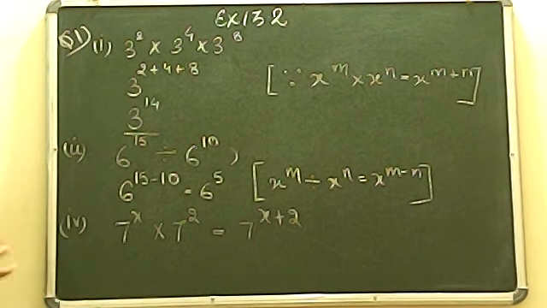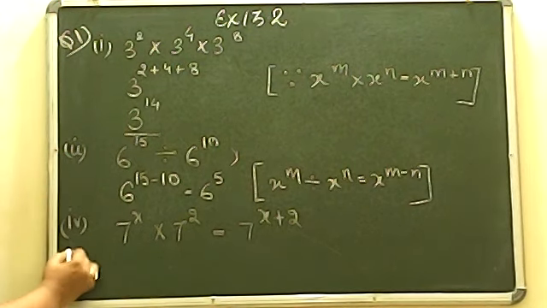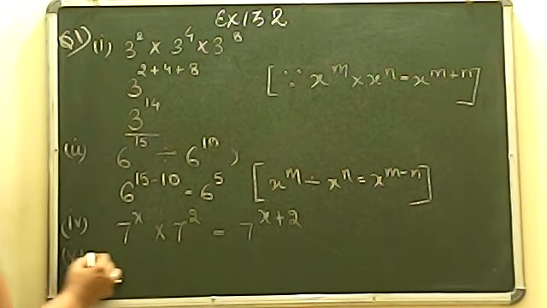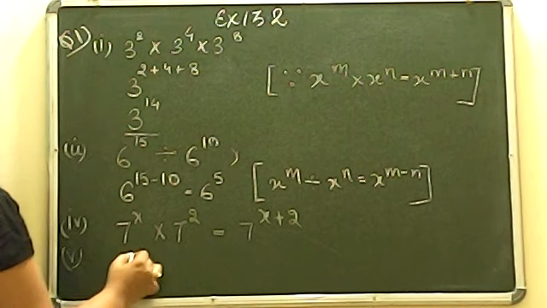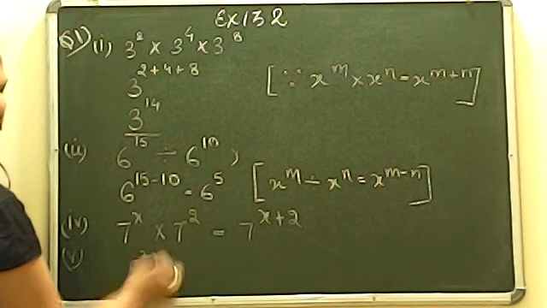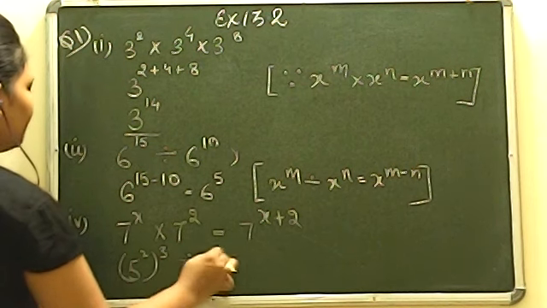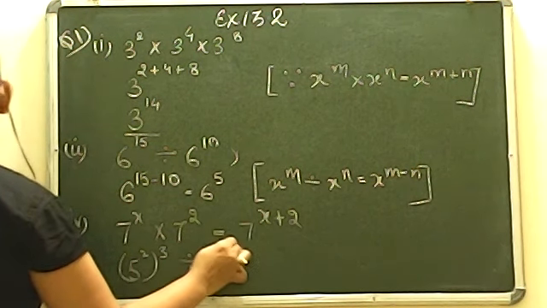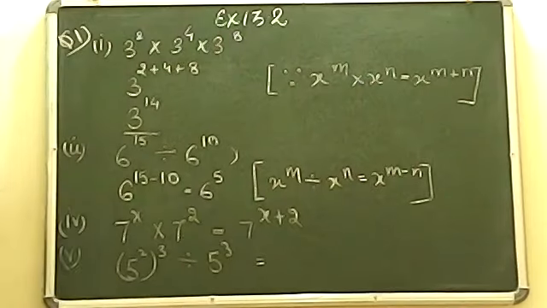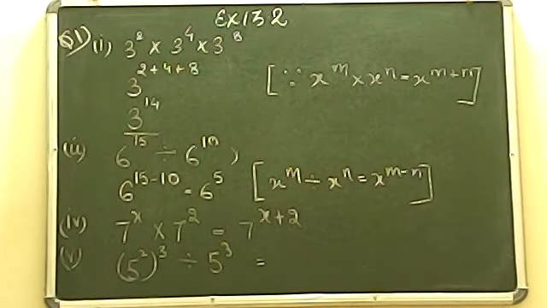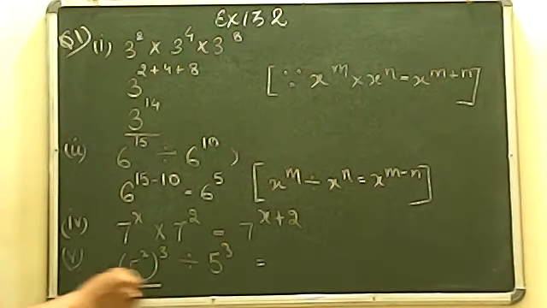Now question number 5, I am writing it here below because I have the space. Question number 5 is 5 to the power 2 to the power 3 divided by 5 to the power 3. Very simple question again. पहले सबसे पहले फर्स्ट स्टेप सॉल्व करेंगे.